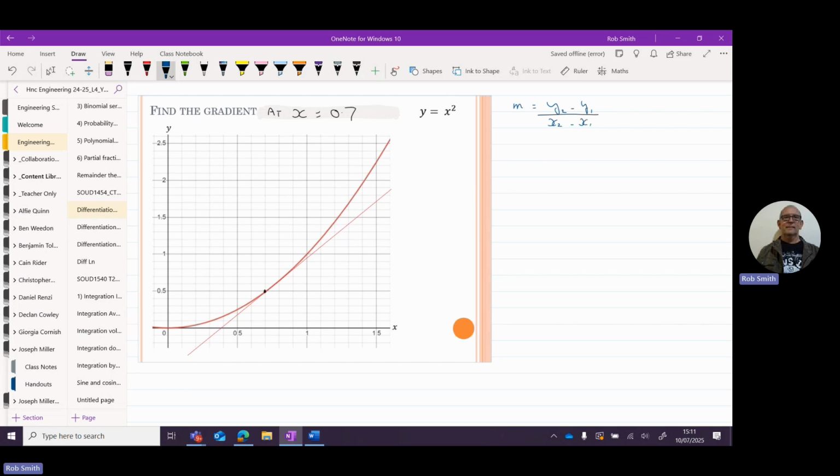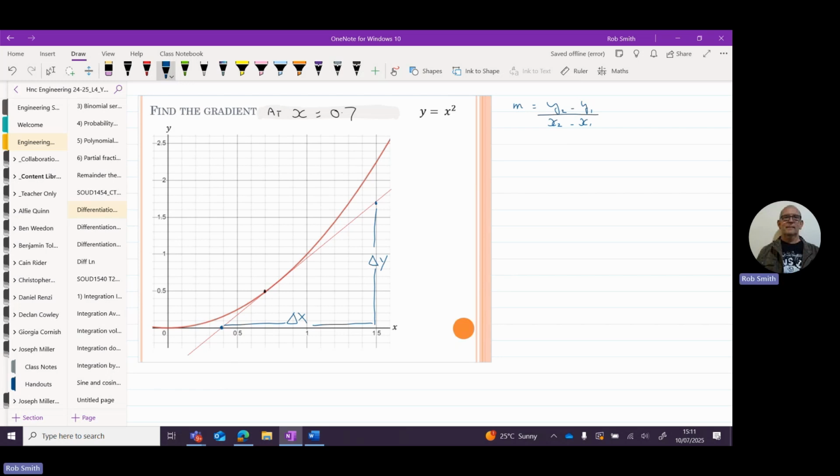And that's what you would have done here. You would have found a point here, and maybe found another convenient point here, and worked out the change in y using those values, and then the change in x.